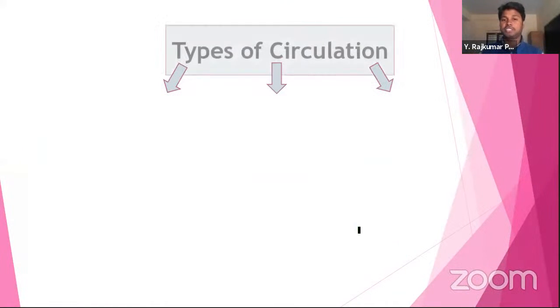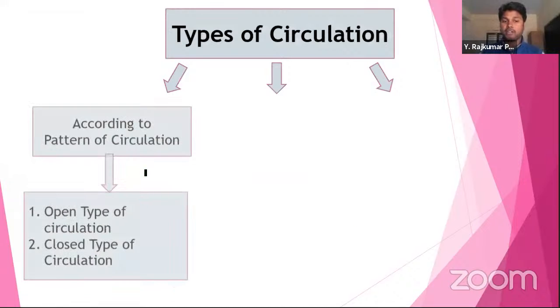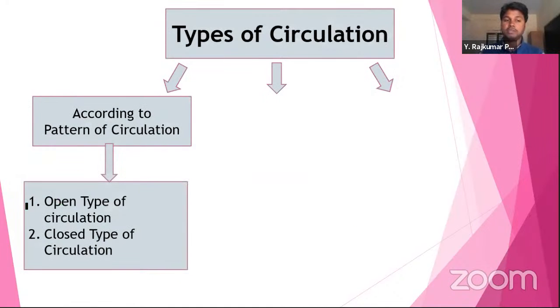Okay, let's see what the types of circulation are. According to patterns of circulation, there are two types: open circulatory system and closed circulatory system. Just now we have seen that open circulatory system means blood flows in the body spaces. They are called sinuses. There are no blood vessels.